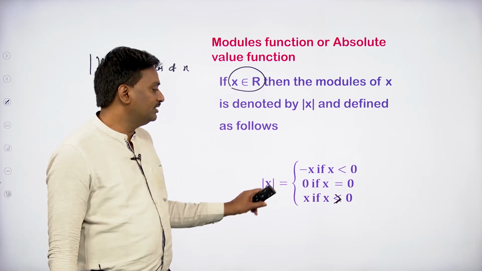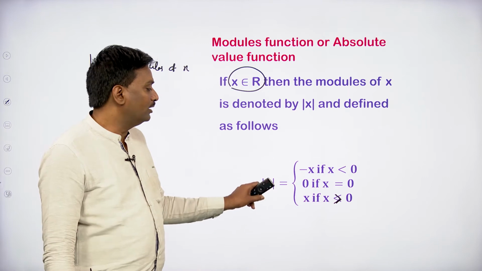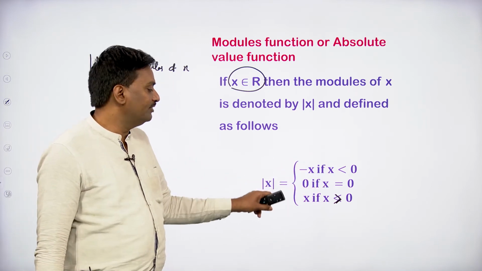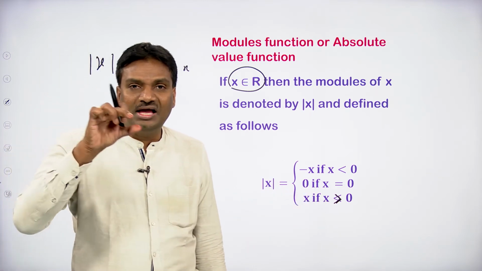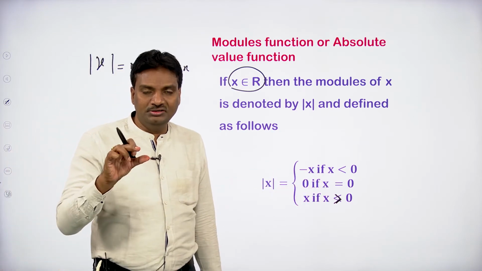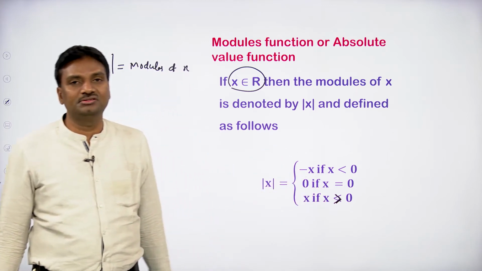So modulus of x can be treated as minus x when x is less than 0, as 0 when x equals 0, and as x when x is greater than 0. So x less than 0 means negative numbers, x equal to 0 is neither positive nor negative, and x greater than 0 is positive.